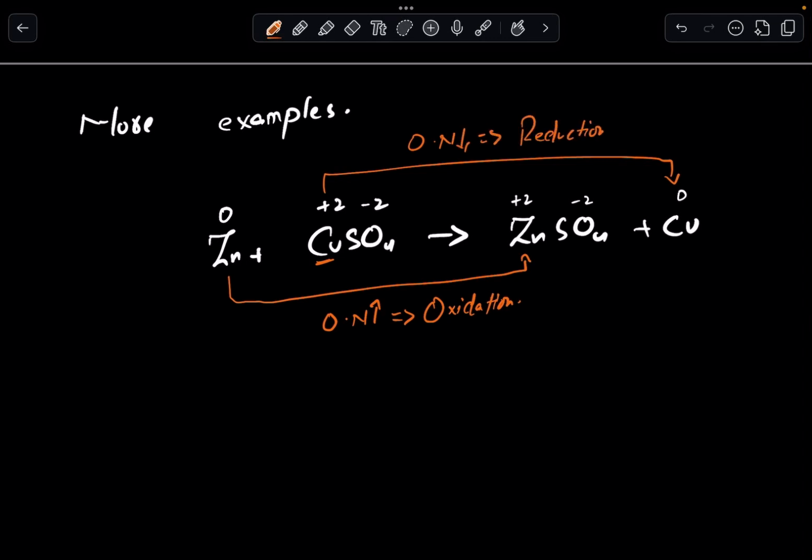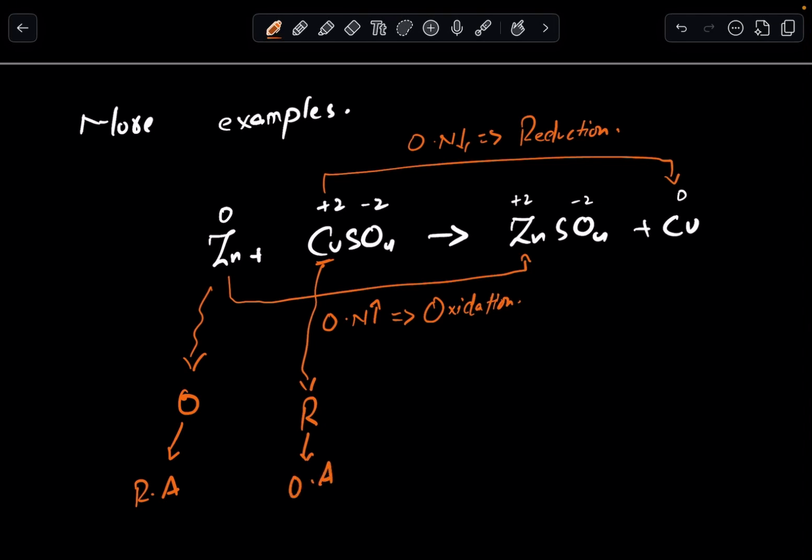So zinc is being oxidized, so I'm going to write down O, and let's use the trick. And copper sulfate is being reduced, so you use the R. So if this is O, then this must be RA, and if this is R, then this must be OA.